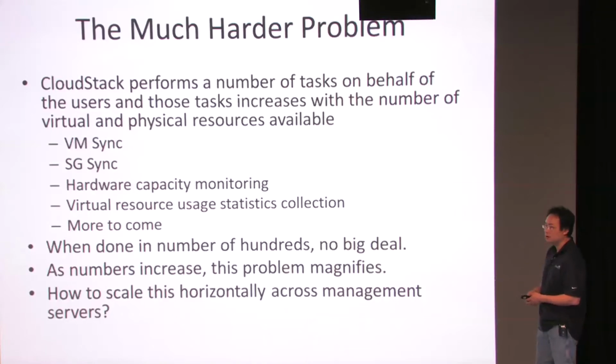I'm sure there's more than this, and there will be more to come. When you're doing these types of things in the number of hundreds or maybe thousands, it's not a big deal. But when this number increases, then the problem magnifies. So the question is, how do you actually scale this across the management servers?